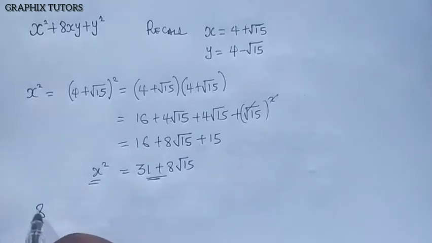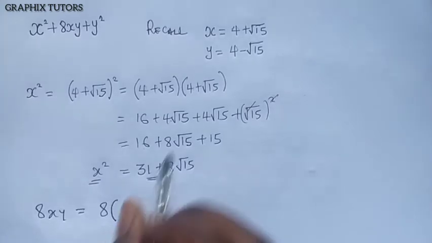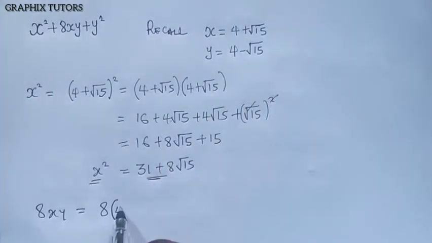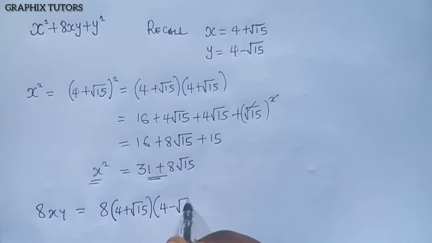For 8xy, we have 8 multiplied by x, which is 4 plus root 15, and y, which is 4 minus root 15. If you expand these two, notice they are conjugates of each other.